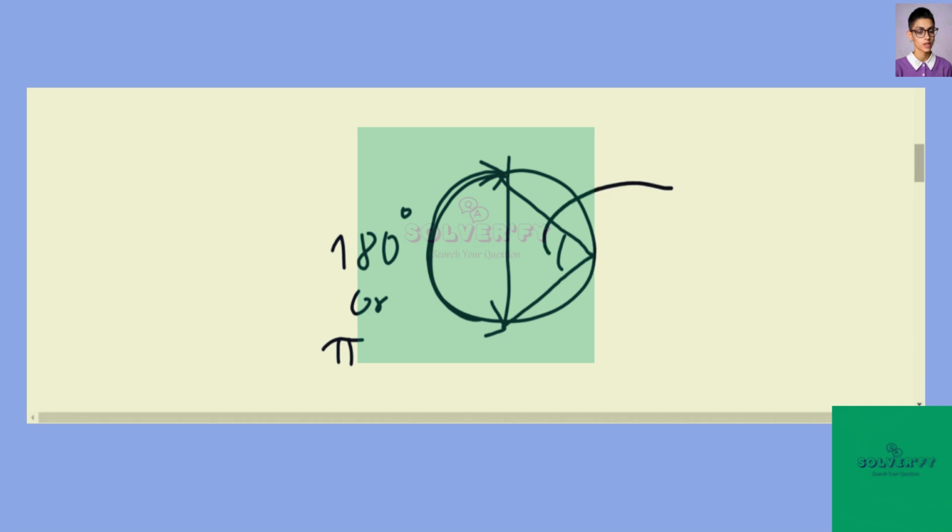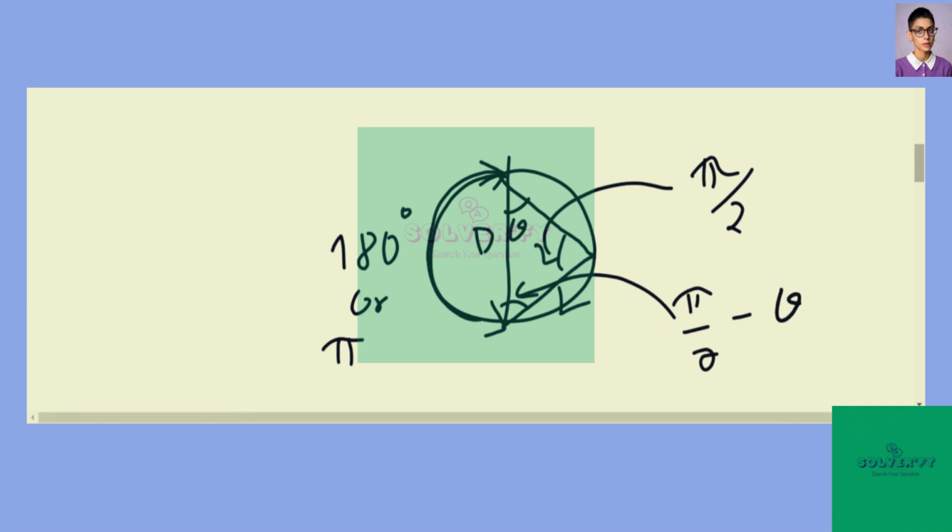Therefore, this angle here is pi over 2. So from that, we know that this is D, this is L, and this is theta. Because this is pi over 2, remember that this is pi over 2 minus theta. The angles need to add up to 180.